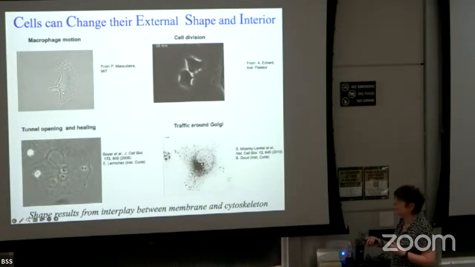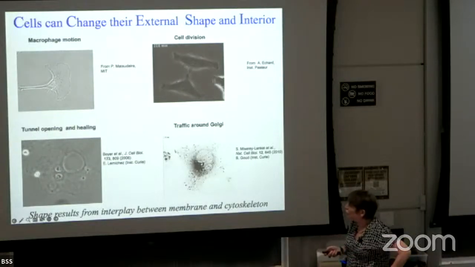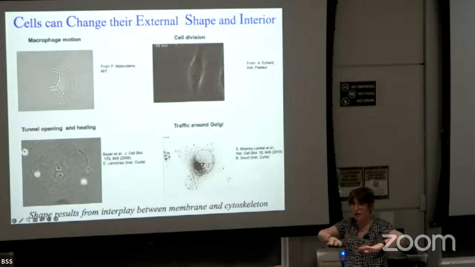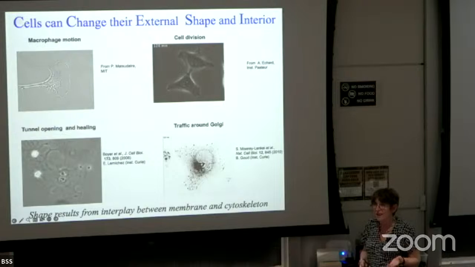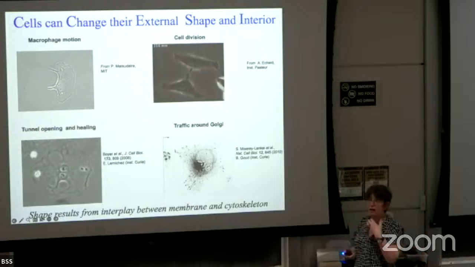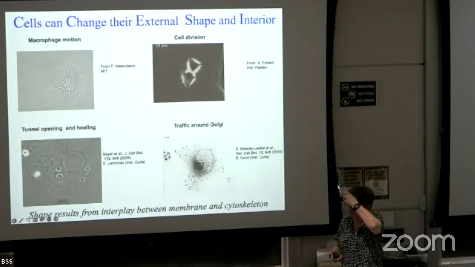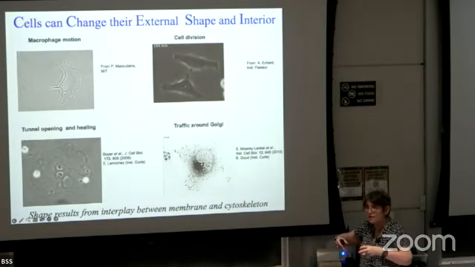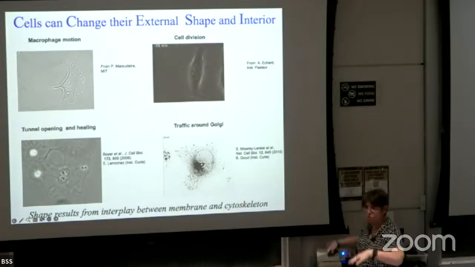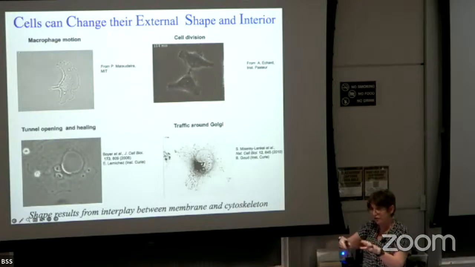This is also another example where the cell is changing topology, but in a different way. This is a cell which is lying on the surface, and this cell is intoxicated by a toxin. That toxin is used by the bacteria, which in this case is Staphylococcus. This Staphylococcus opens some big tunnel through the cell to go through the blood vessels and to infect the organism after that.